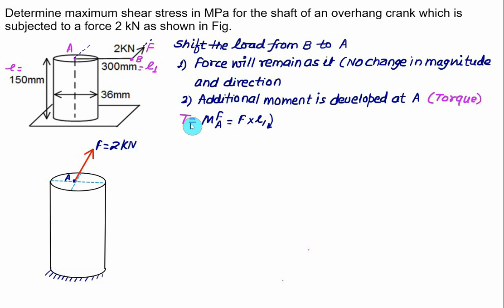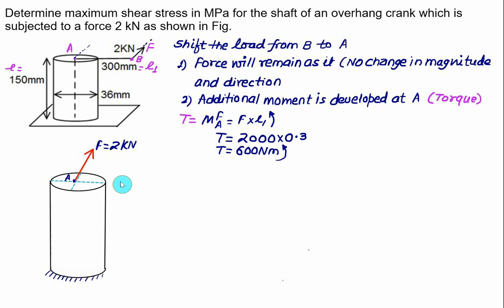We have developed a torque here because the additional moment is produced due to the force F at A. That will be the torque T, and this torque T will be equal to the force F, 2 kN, that is 2000 Newton, times the length L1 equal to 0.3. So the total torque produced will be equal to 600 Newton meter, and the direction of this torque is anti-clockwise.